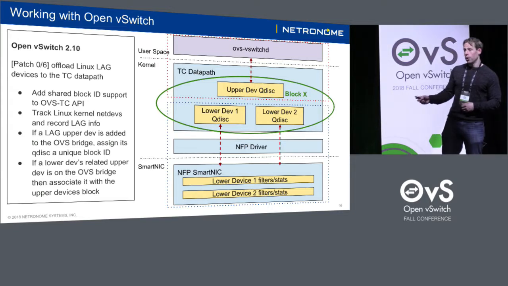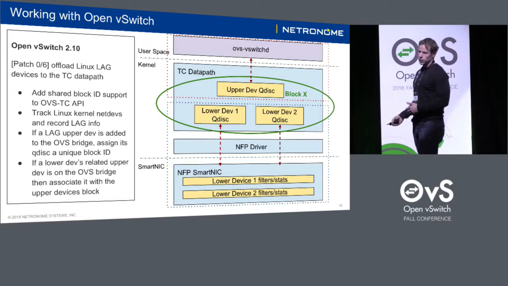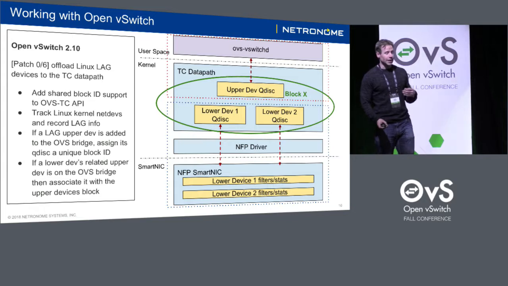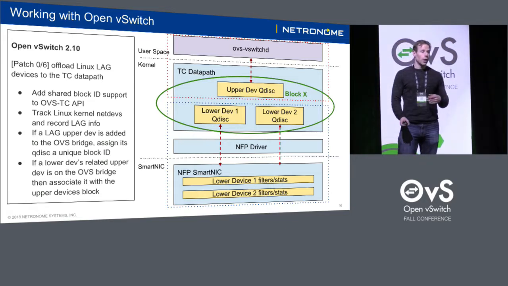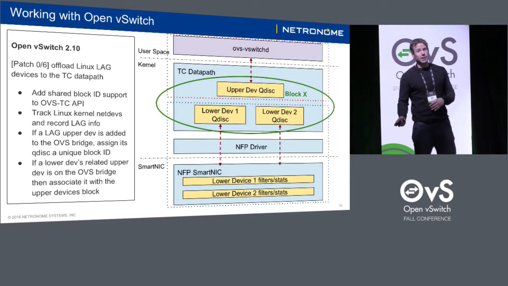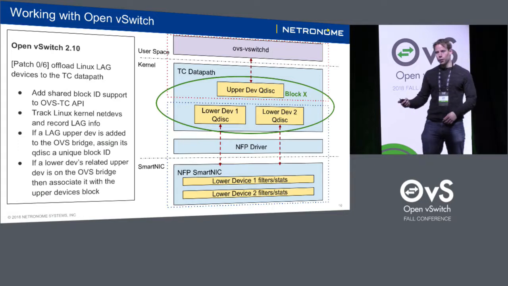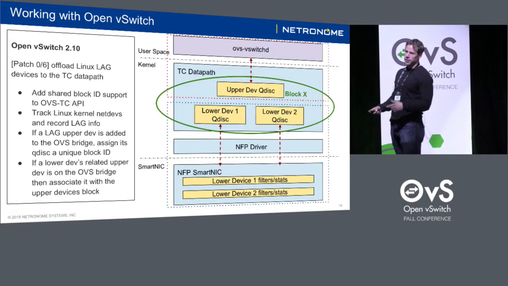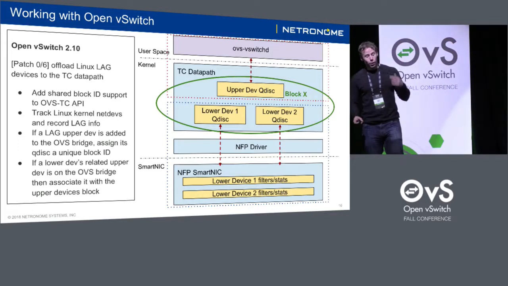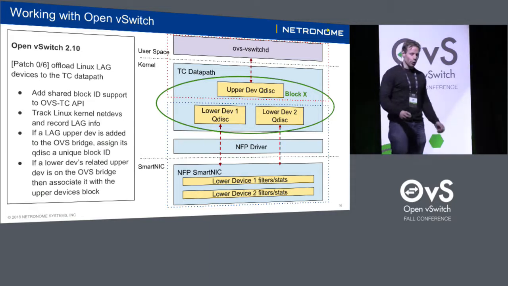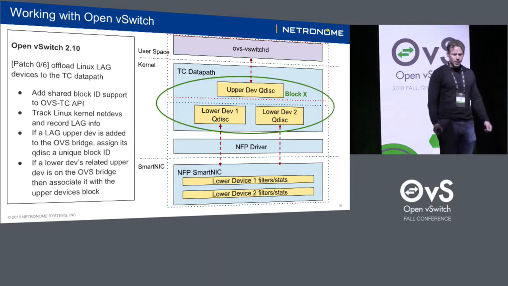We then monitor the other net devices from the kernel, and if we see a lower level device that has a master device that is on the OVS bridge, then we associate this with the same QDisk and same block ID as its master. So even though these lower layer devices are not necessarily added to the OVS bridge, we still give them the same block ID of the device that is added to the OVS bridge.